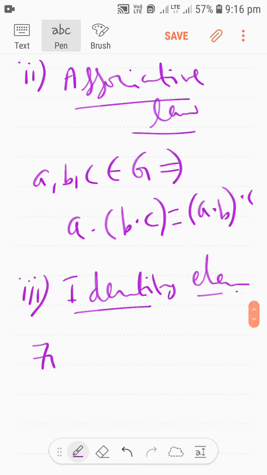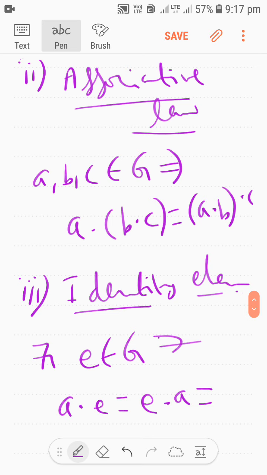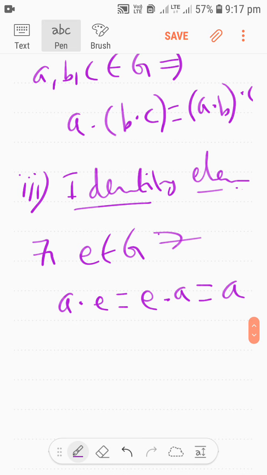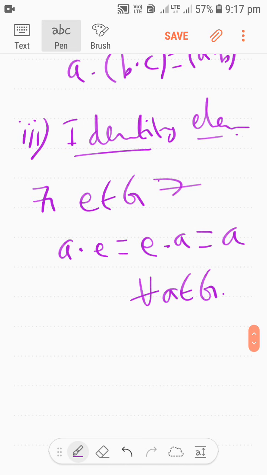Like this, there exists e belongs to G such that a dot e and e dot a both should be a only, for all a belongs to G. Then identity element exists.